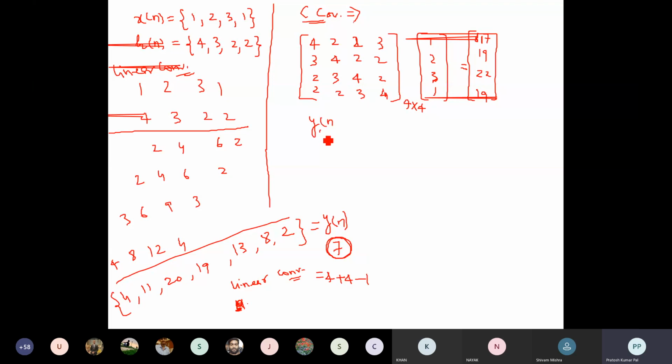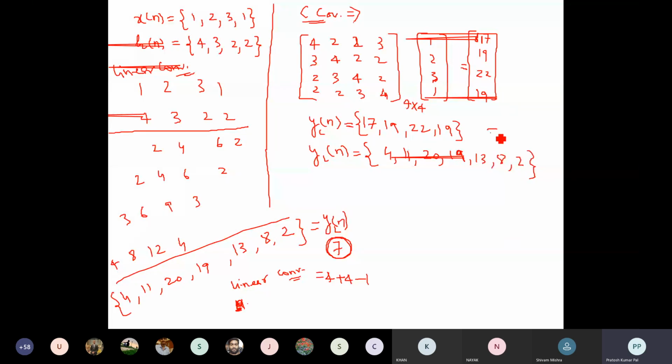So result by using circular convolution is 17, 19, 22, and 19. And result by using linear convolution, y_L[n], will be 4, 11, 20, 19, 30, 8, 2.